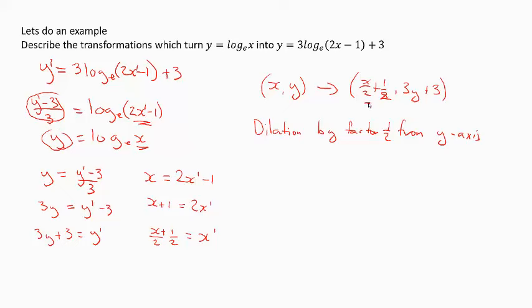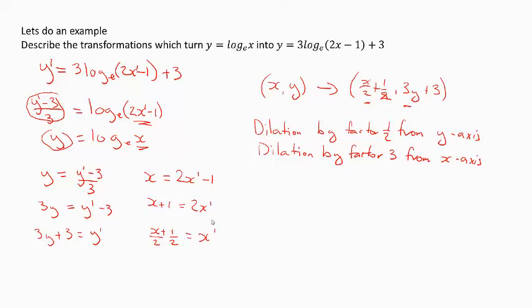There's our dilation by factor of 1/2 from the y-axis. We've also got a dilation by a factor of 3 from the x-axis. We normally write the dilations first.